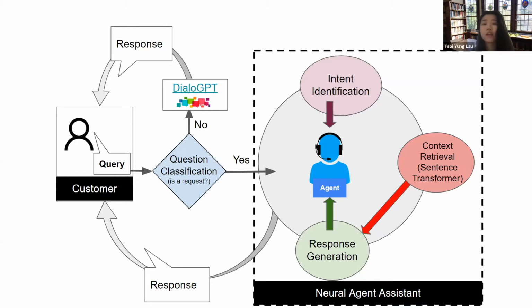We're going to have an intent identification on the question that the customer asks, as well as a pre-trained sentence transformer that is able to give us some context retrieval. This context acts as knowledge for the response generation, in which we're going to generate a response to the customer.